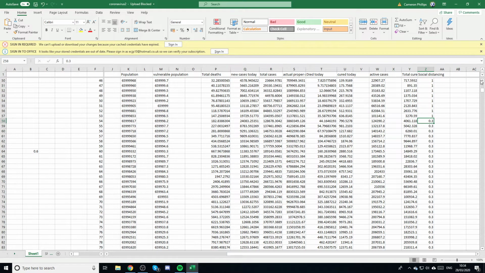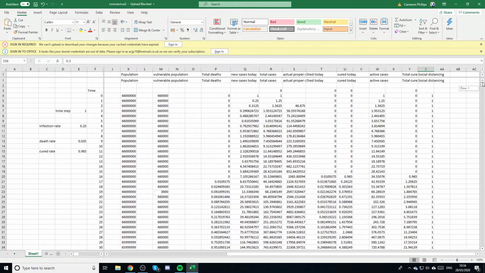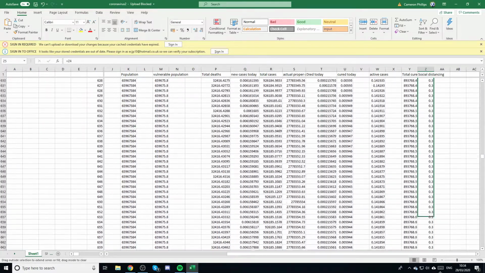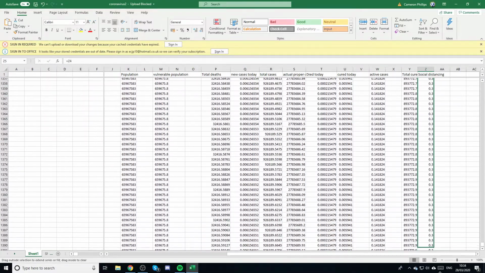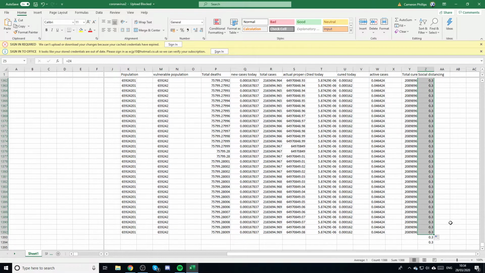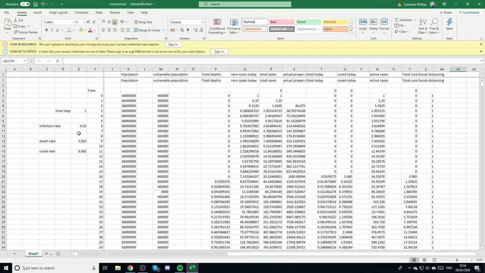I'll just show you that again. So look, an infection rate of 0.25, which effectively gives us the model we have for our current death rate, so where we were 2 weeks ago probably.